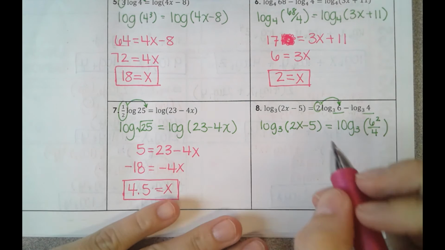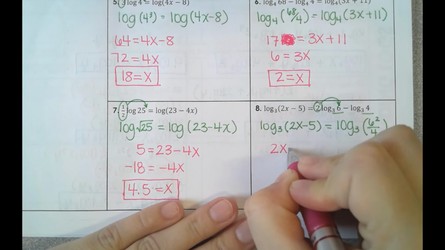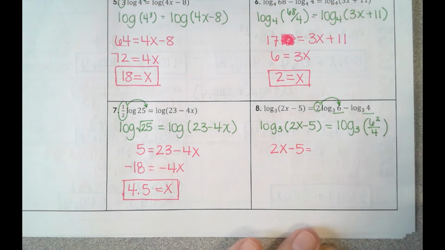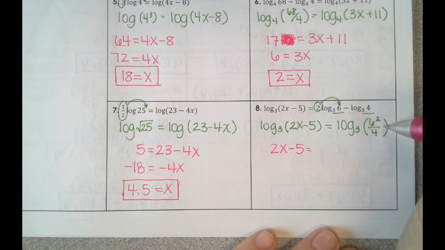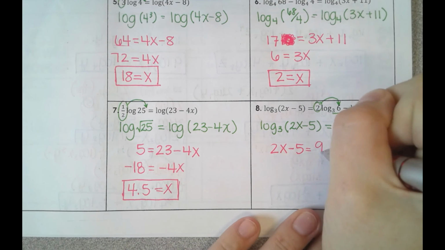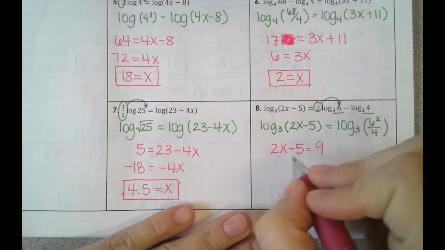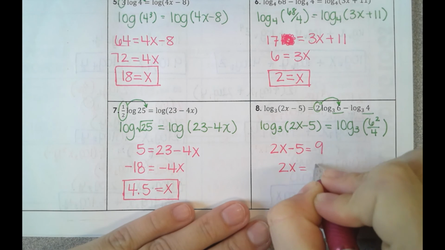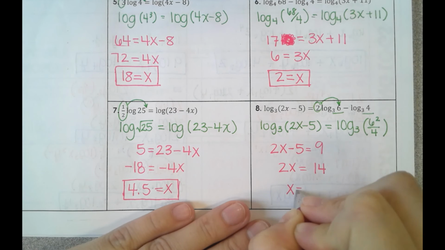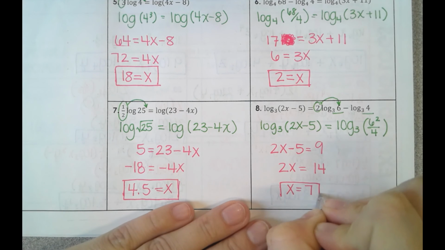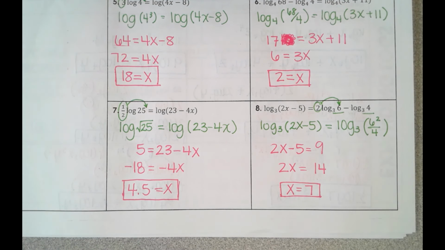So our equation, 2x minus 5 equals what? 9. 36 divided by 4 is 9. x equals 7.